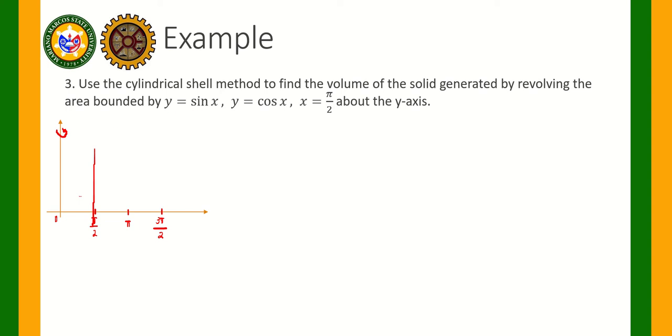Okay. So, y equal to sine x, yung POI natin, y equal to sine x, and y equal to cosine x. So, sine x is equal to cosine x. So, cross-multiply natin. Sin x over cosine x is equal to 1. Sin x over cosine x, trigonometric identities, that is equal to tangent x equal to 1.